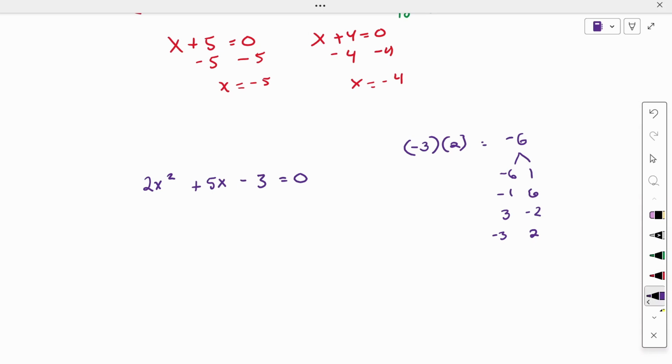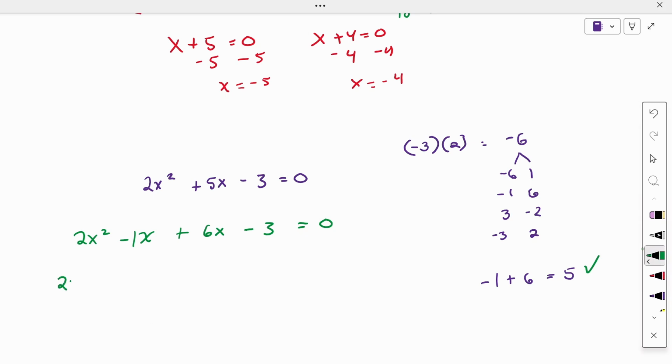All of these could be possibilities, but ultimately, -1 plus 6 would add to 5. While we would have to check through the other possibilities, we can say that we may expand the expression 2x squared plus 5x minus 3 to the new expression 2x squared minus x, or 1x if you want to, plus 6x minus 3 is equal to 0. That's from the guess and check method. So come into my office hours if you don't remember how to do this. Otherwise, you're going to be very, very lost in this chapter.